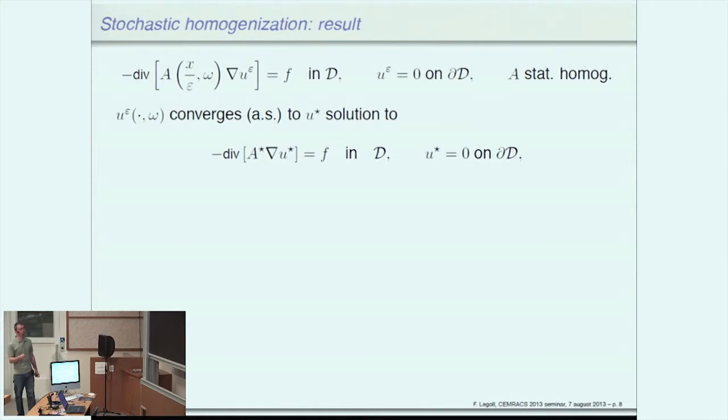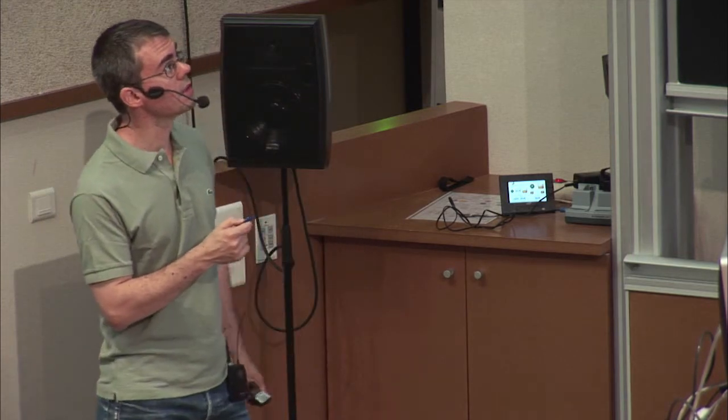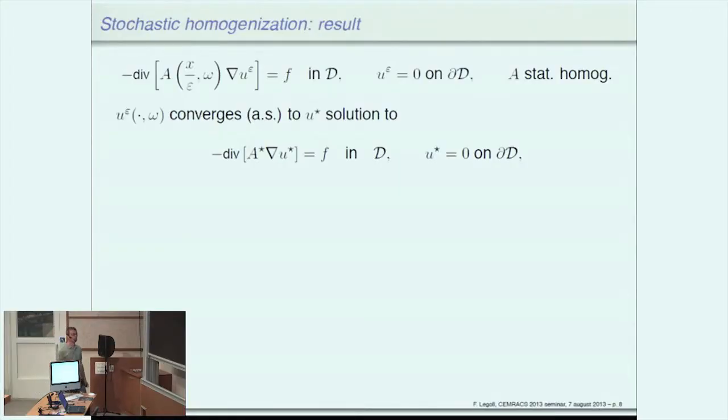I look at this equation, and under this setting, the U epsilon, which is the solution to that guy, will converge to the solution of that problem, which is, again, an easy problem because A star is not only constant, but it is also a deterministic coefficient. And it is essentially deterministic because this is the law of large numbers. You went from something which is a huge number of random variables to a single deterministic number. So I'm happy because I have a very simple equation here to solve with a deterministic coefficient A star.